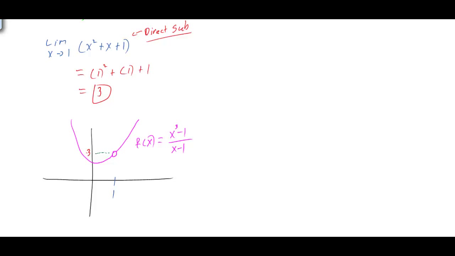Now, what we did above is we said, what happens if we factor and cancel out? Well, if we factor and cancel out the denominator, that leaves us with the graph of a function that looks just like this. Notice what happened to this open circle. That open circle now is filled in because we're looking at the graph, we'll call it g of x, of x squared plus x plus 1.